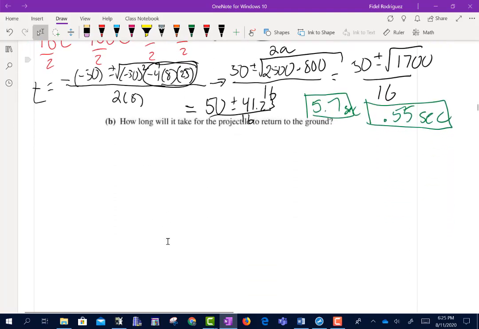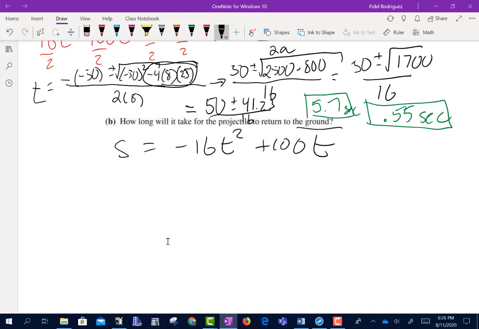Alrighty. Now part B says, how long is it going to take for the projectile to return to the ground? Okay, so remember our equation. S equals negative 16t squared plus 100t. When it returns to the ground, the position on the ground, guys, is 0. Because this part only has two terms, I can always factor something that has two terms.